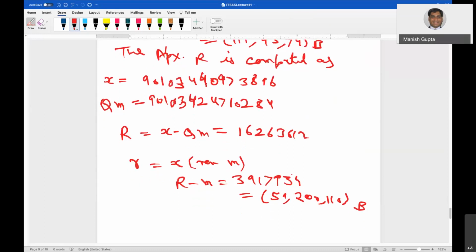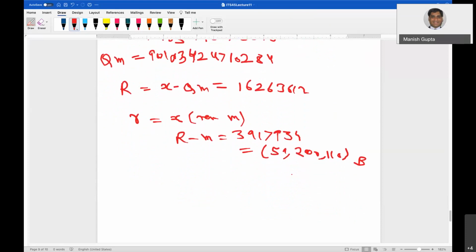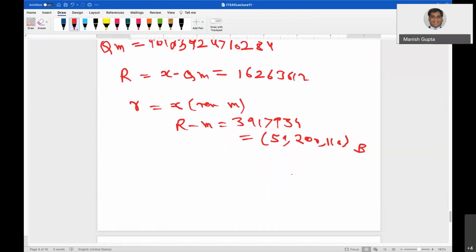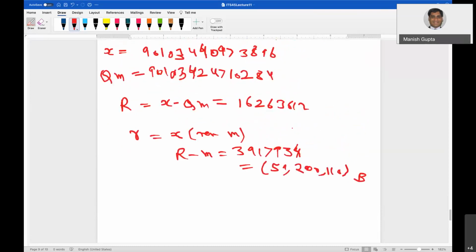So capital R is larger than M, so we actually subtract here. Finally, we got this answer. So this algorithm is, of course, a little bit better, but I think that's okay. So finally, this is for the exponentiation.